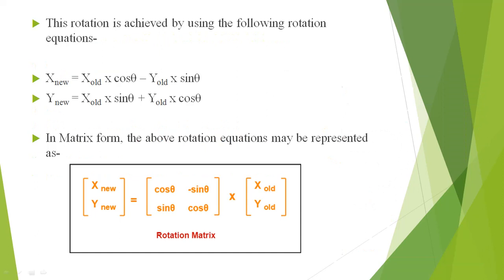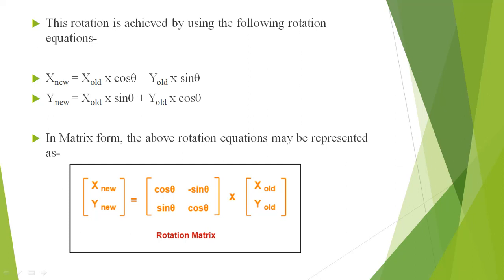This rotation is achieved by using the following rotation equations: x new equals x old into cos theta minus y old into sin theta. And we calculate y new, the coordinate for the y axis, equals x old into sin theta plus y old into cos theta.